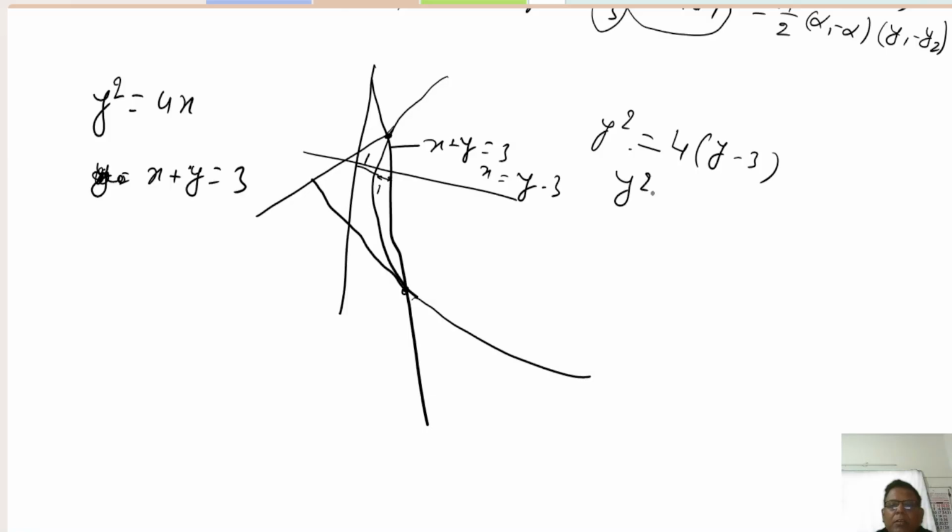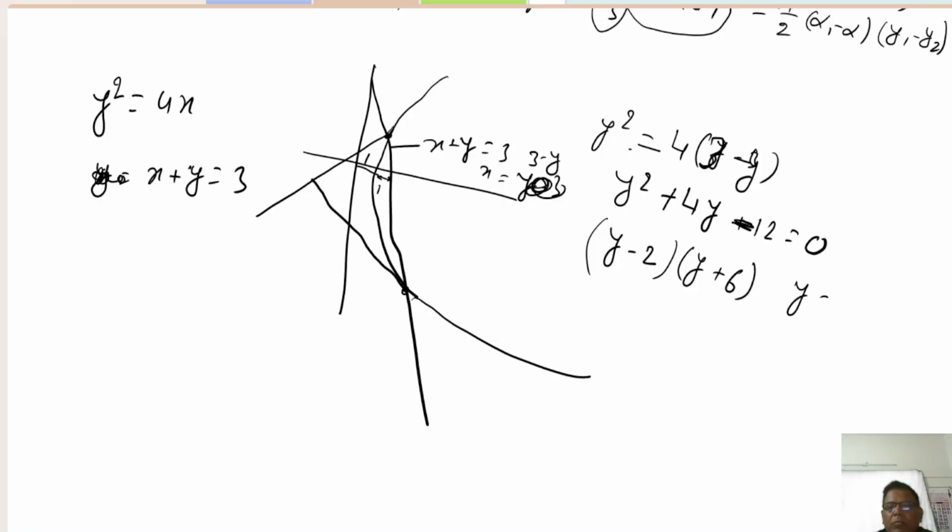So y square plus 4y minus 12 is equal to 0. That will be y minus 2 and y plus 6.